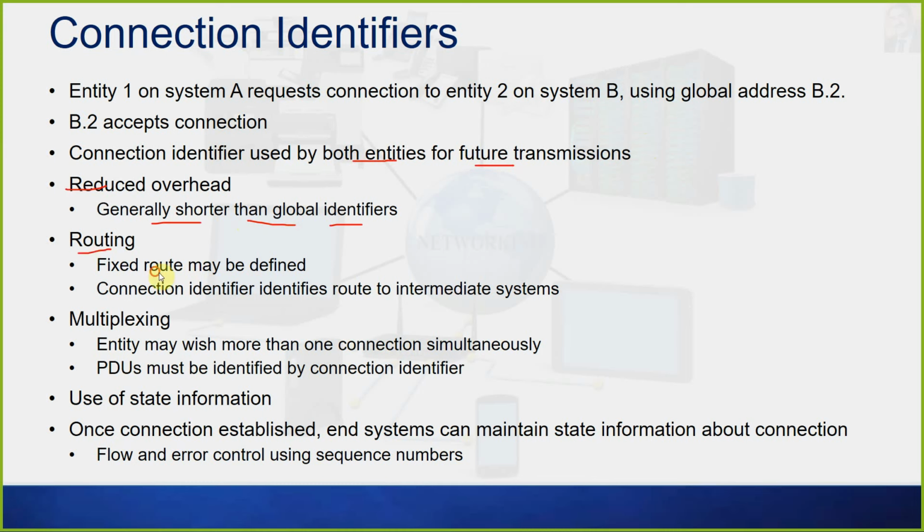Then routing: a fixed route may be defined, and the connection identifier identifies the route through intermediate systems. Then multiplexing: an entity may wish to have more than one connection simultaneously, and the protocol data unit must be identified by connection identifier. Use of state information: once a connection is established, end systems can maintain state information about the connection, flow and error control using sequence numbers.